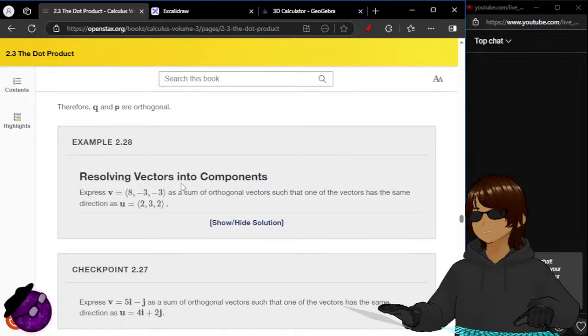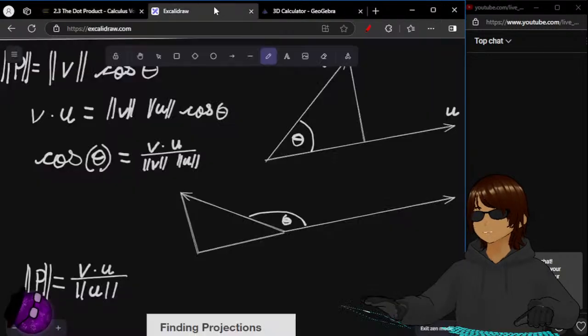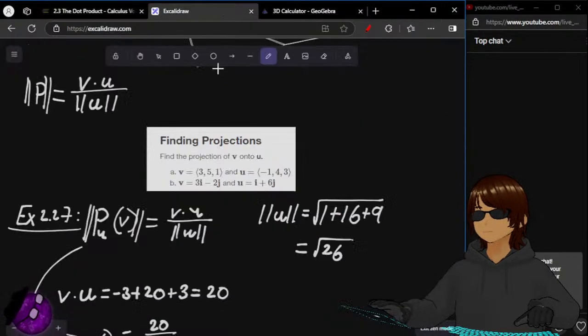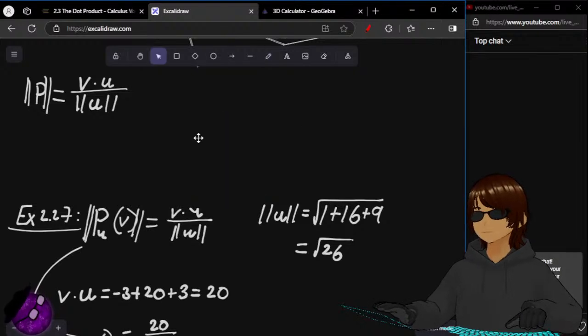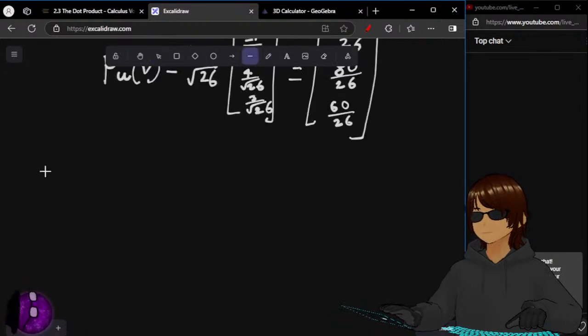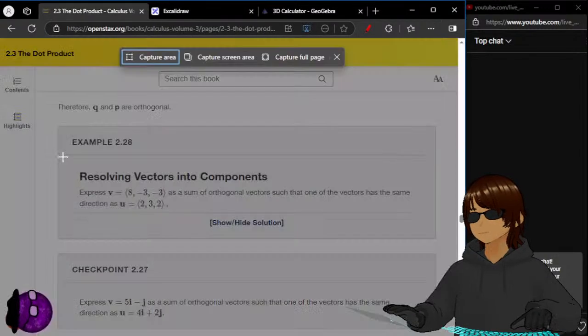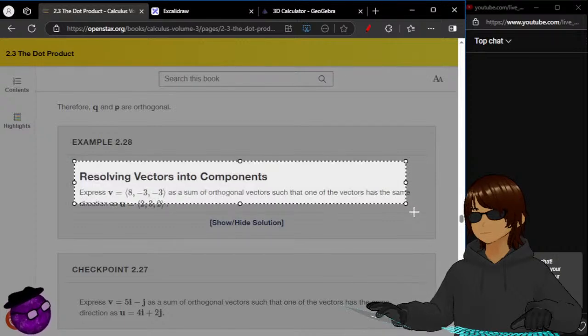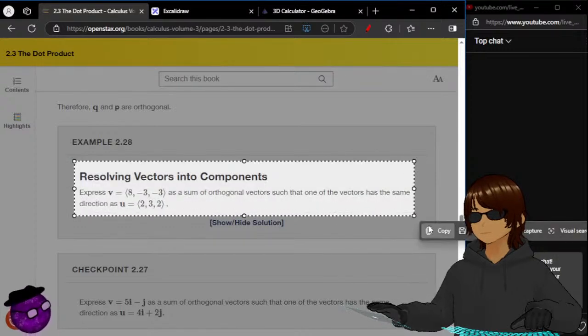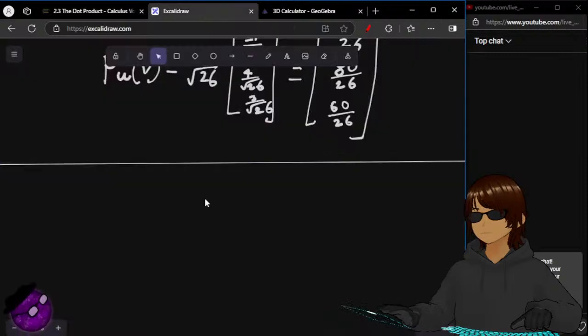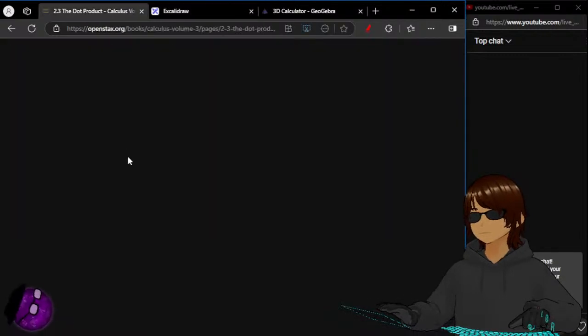Resolving vectors into components. Express V, which is 8, 3, minus 3, as a sum of orthogonal vectors such that one of the vectors has the same direction as U. Okay, I think I'm trying to understand now.